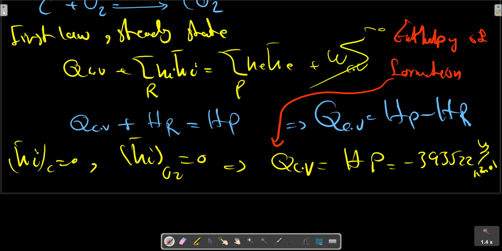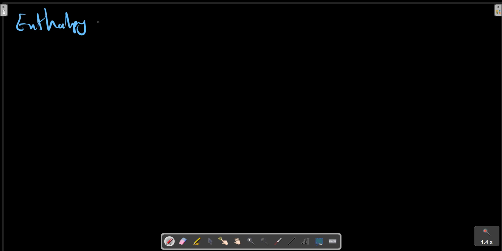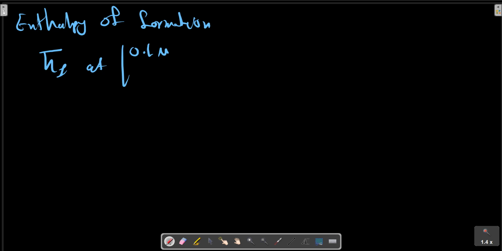So we can write the enthalpy of formation, h bar f, for carbon dioxide, or for any species, designated by h bar f.